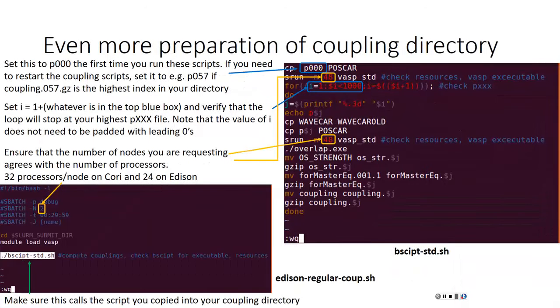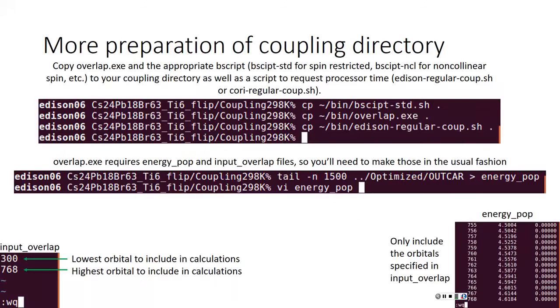So is it designed for Edison only? What's that? Is it designed only for Edison? Because you said requesting processor or something like that. Oh, there's the same thing except Cori regular coupling, and you can just make one of these on your own if you want to from a different one. What does it do actually?